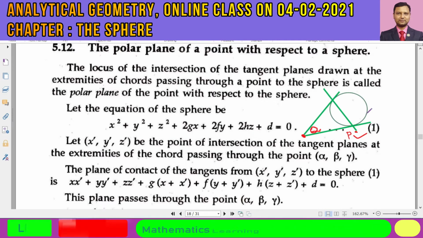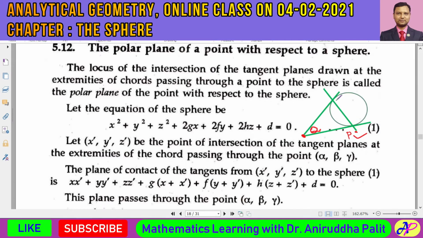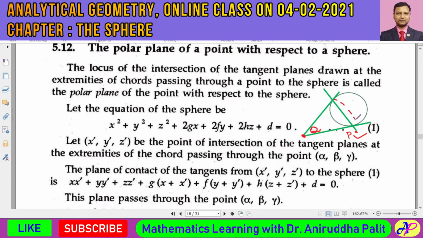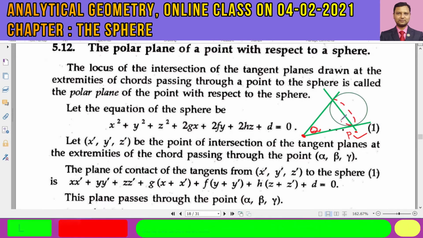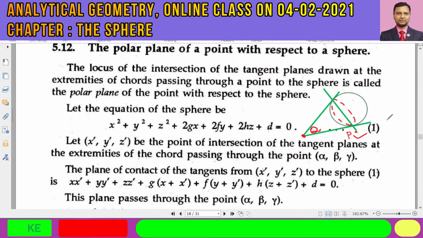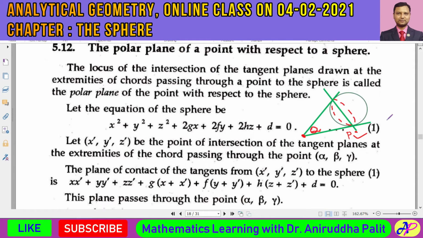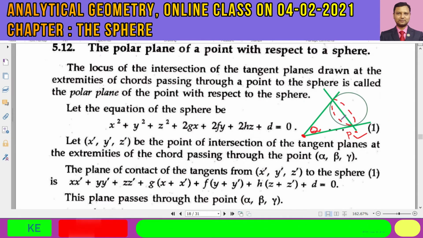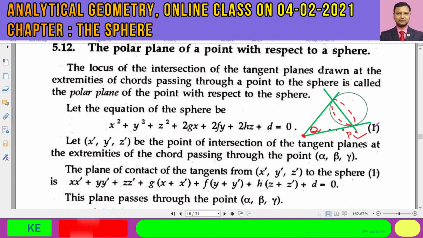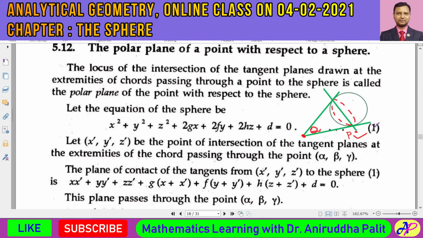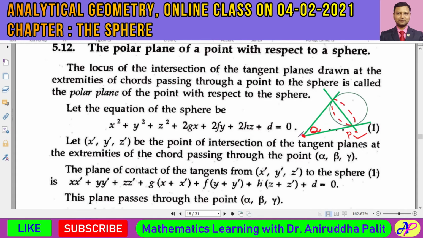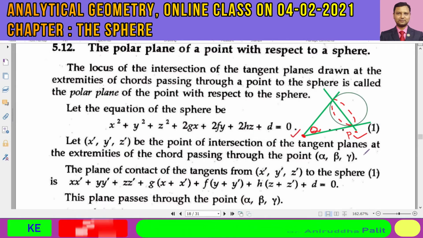Then we will have this section of the plane as this kind of small circle, and at each and every point of this section, we can draw a tangent plane. And it can be proved that all such tangent planes pass through a single point Q.